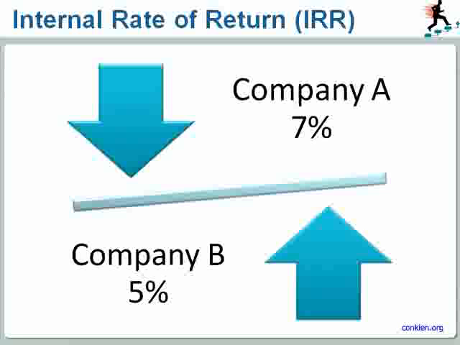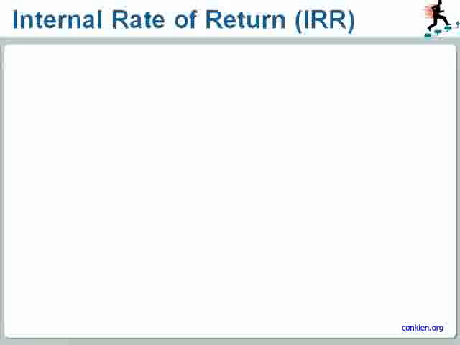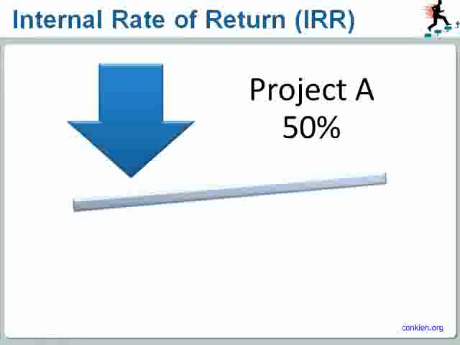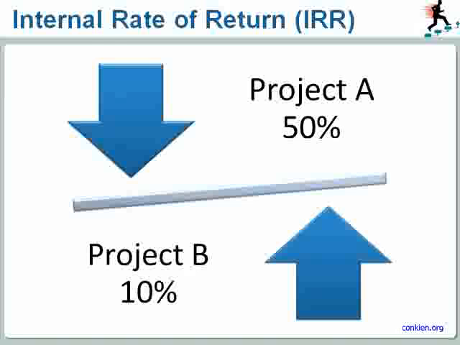And it's exactly the same with the internal rate of return. So let's therefore ask a project question. You can choose between two projects. Both projects will cost you 1 million yen. Project A will bring you an internal rate of return of 50%, and Project B will bring you an internal rate of return of 10%.